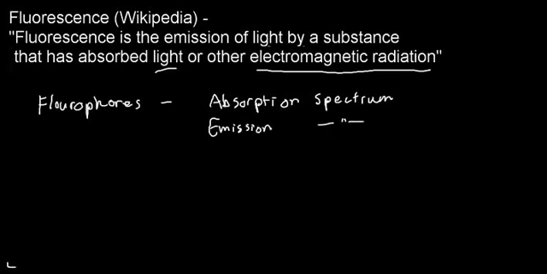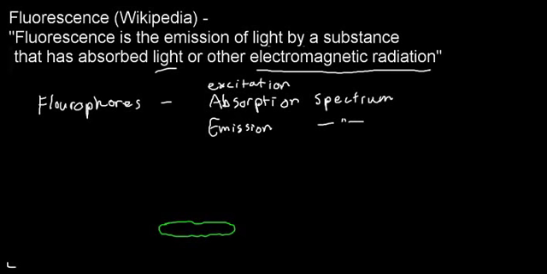You will also see oftentimes the absorption spectrum referred to as the excitation spectrum, which is really the same thing. What's important to understand is that if I have this fluorophore, and I know it can absorb light and emit light, what I also need to know is what wavelengths of light I can shine on it to get back that emission.